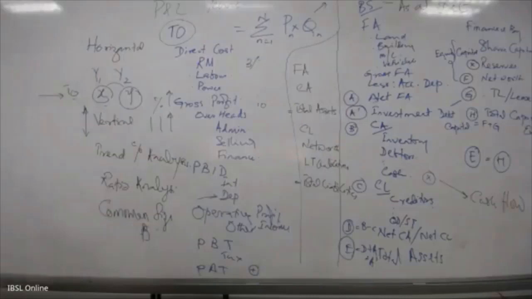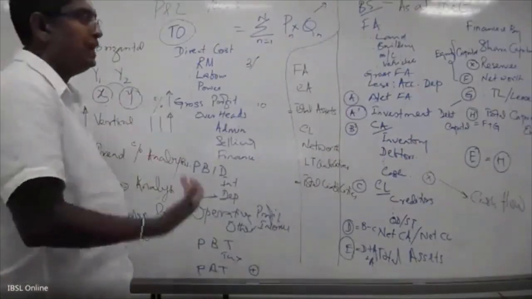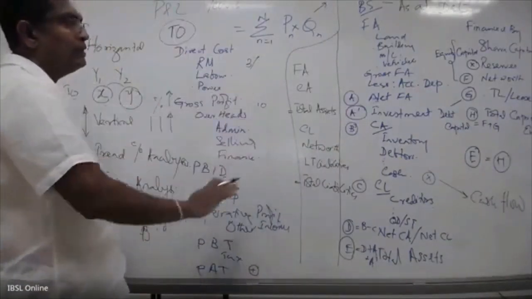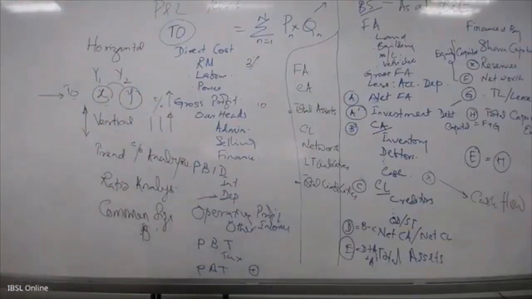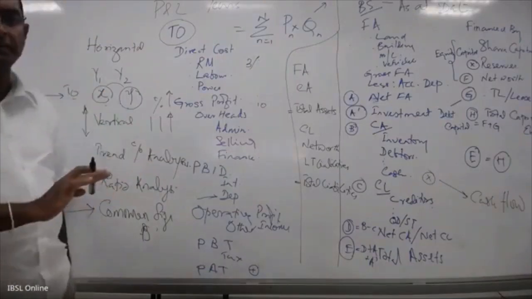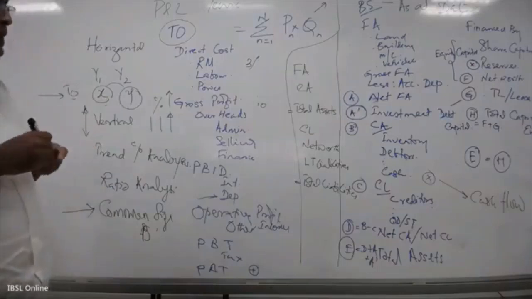That means in a normal financial statement, all the figures are given in absolute terms, rupees million, rupees thousands, or rupees. But under the common size, no absolute terms, only percentage terms.